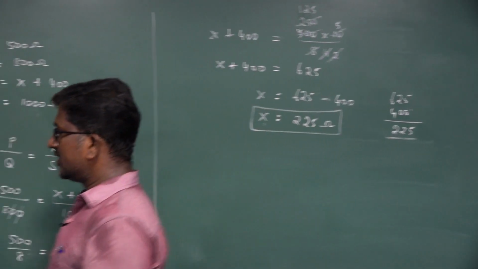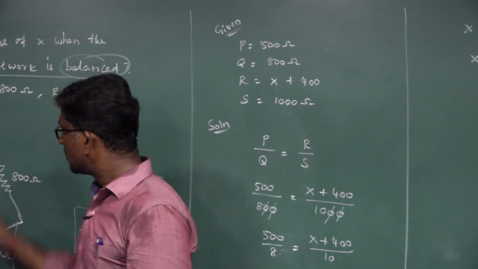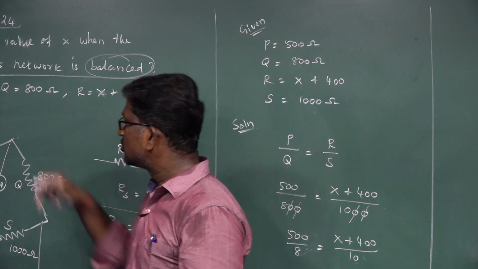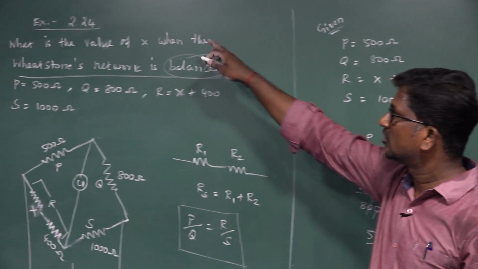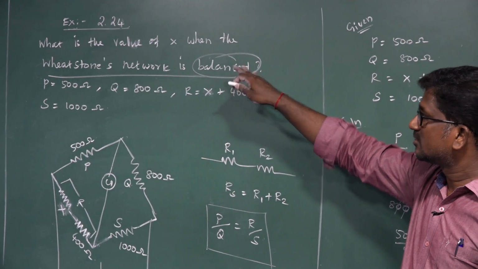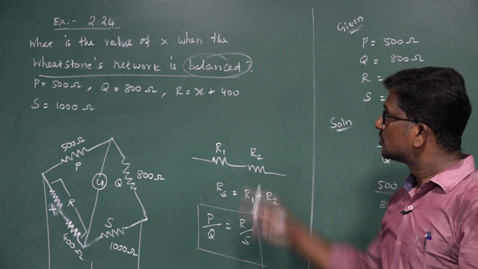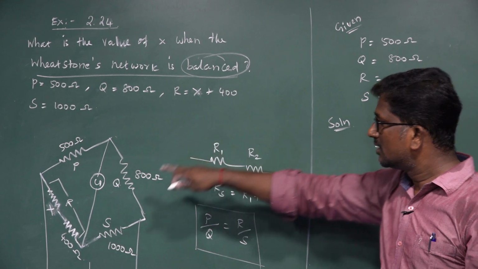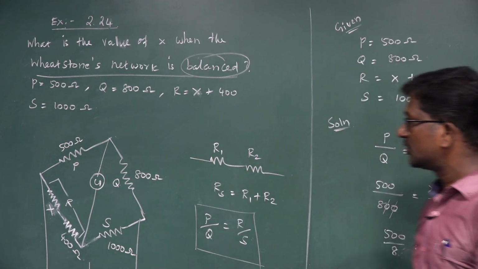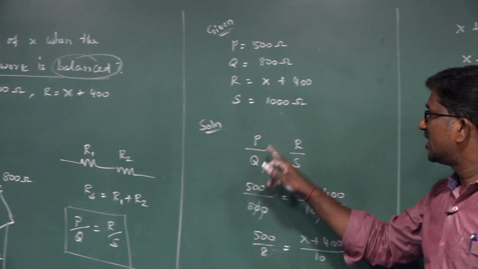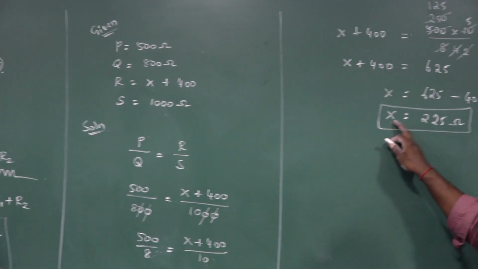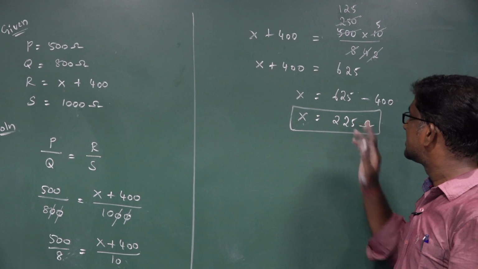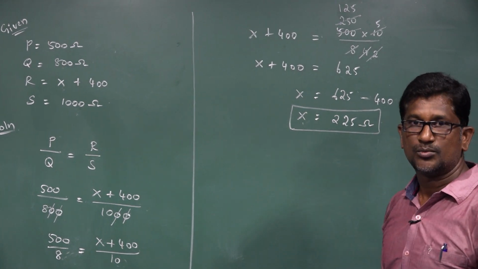If X value is 225 ohm, okay, then only the Wheatstone network is in balanced condition, right? In the given question, Wheatstone network balanced condition is given. So from that condition, X value wants to find out. By using the relation P divided by Q is equal to R divided by S, we can calculate the value of X. The value of X is 225 ohm.